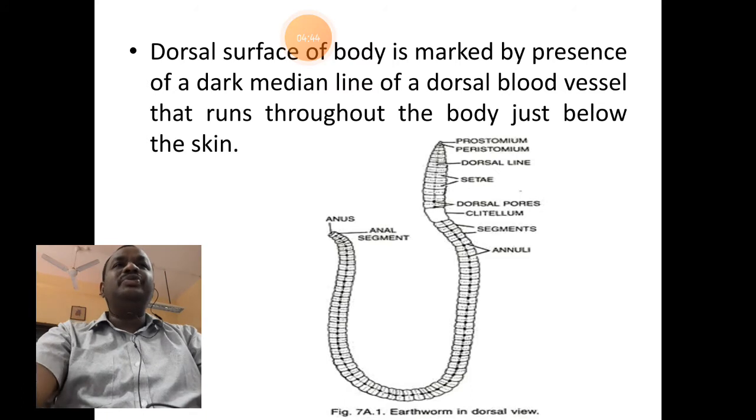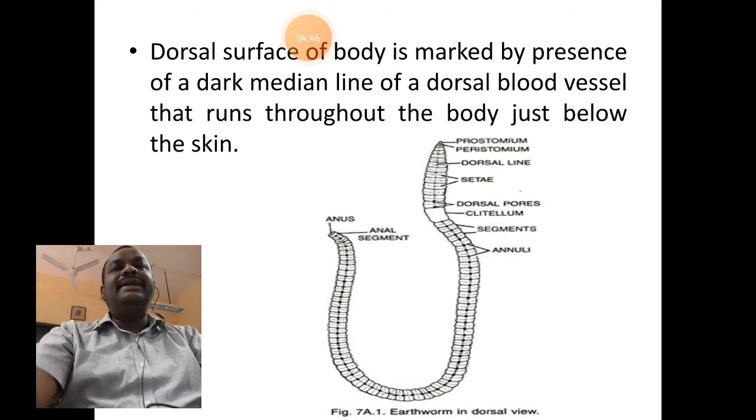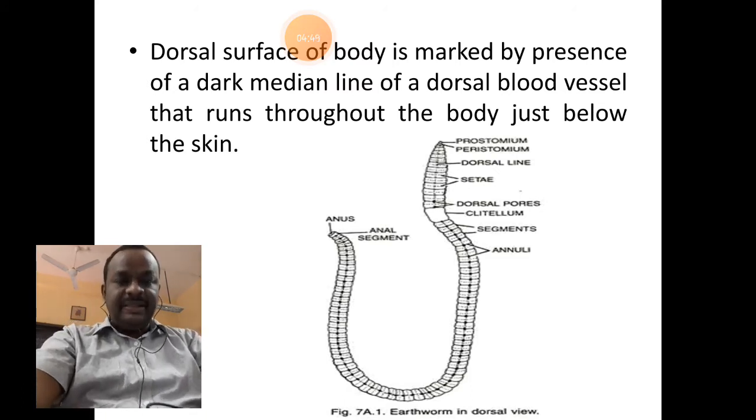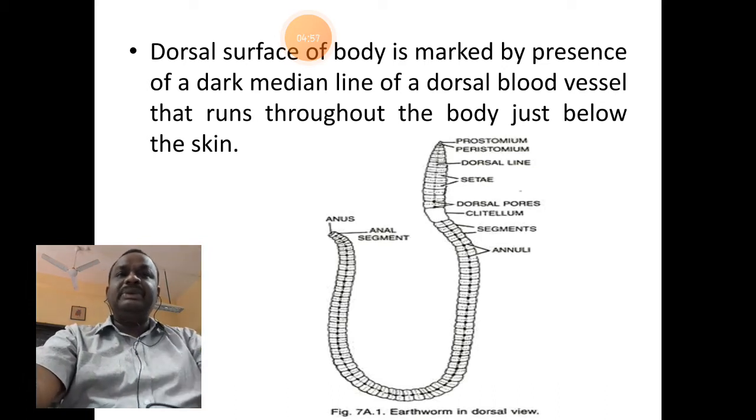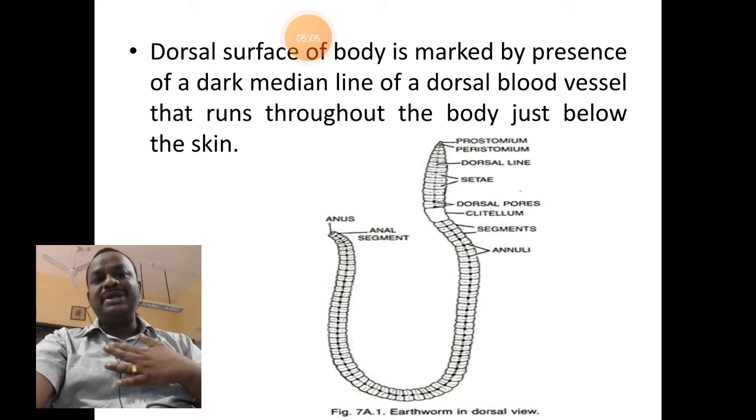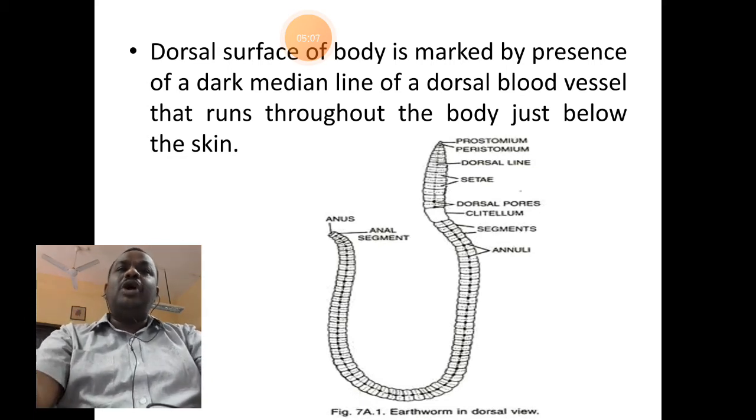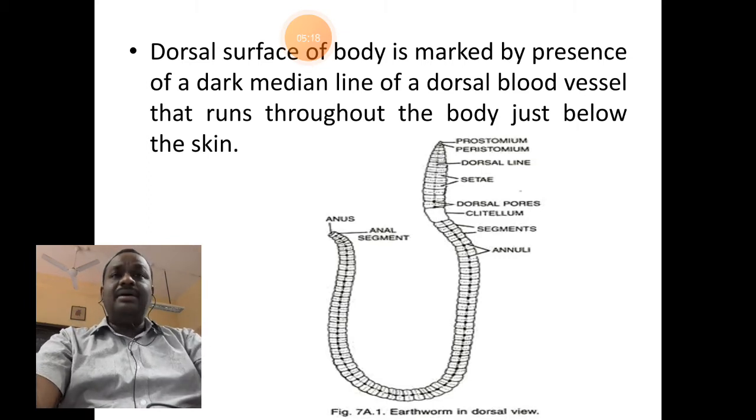The organism of earthworm exhibits antero-posterior polarity. You can see the features modify from anterior to posterior, that is top to bottom. The second important polarity is dorsal and ventral polarity, that is upper and lower surfaces. The dorsal surface, the upper surface of the body of earthworm, has a very dark middle line.